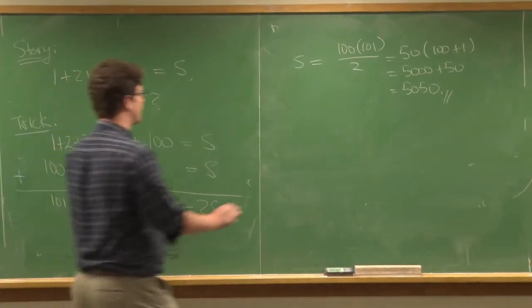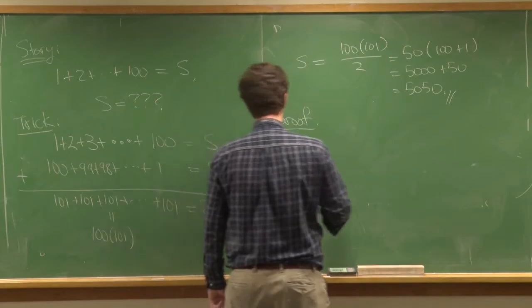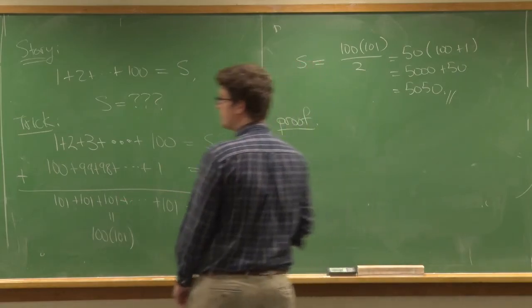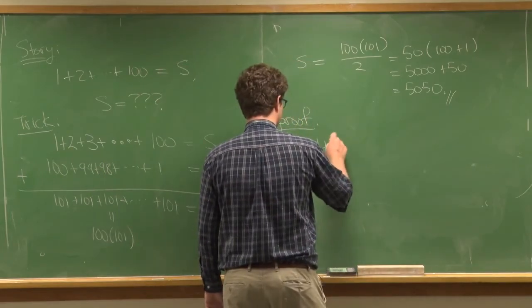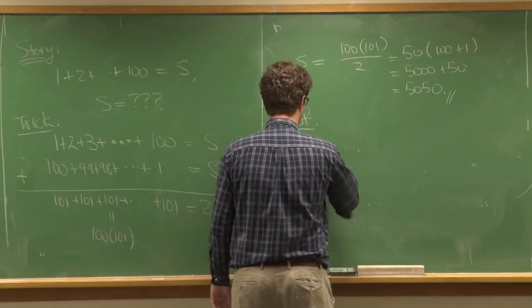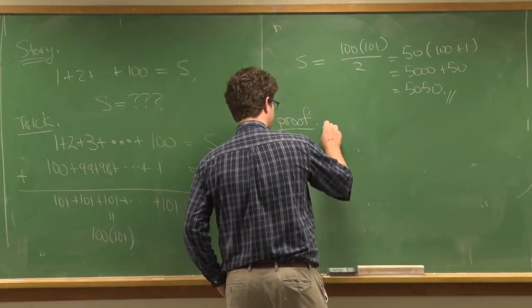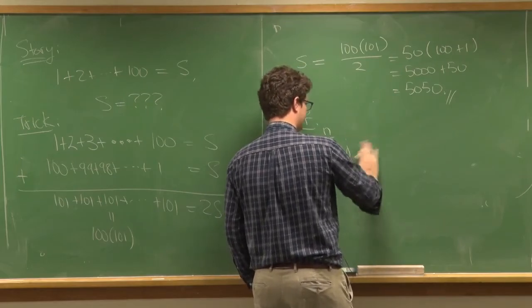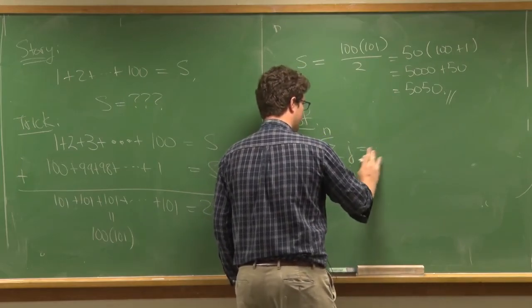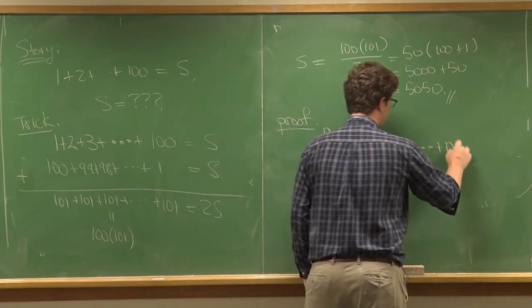Okay, so the proof in general is the exact same thing. So here's the proof of the sum of n numbers. So this sum here, j equal to 1 up to n of j, is 1 plus 2 plus so on up to n.